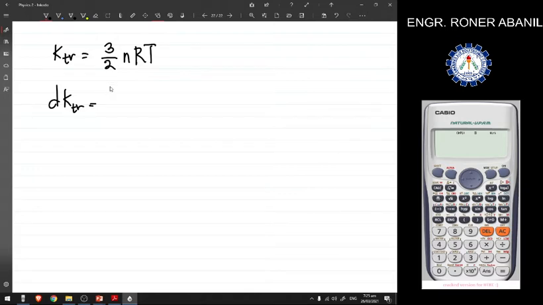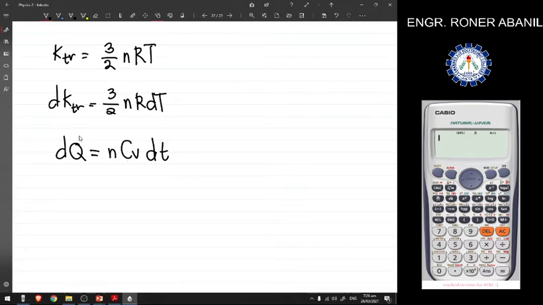ngayon magiging 3/2 nR dT. Ayan. So, from the definition of molar heat capacity at a constant volume, Cv, magiging dQ equals nCv dT, where dQ is the heat input needed for a temperature change of dT.